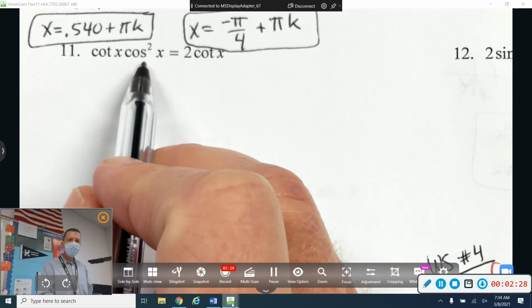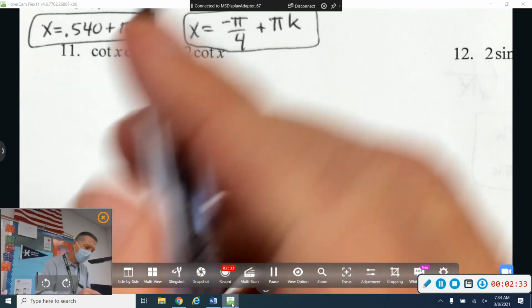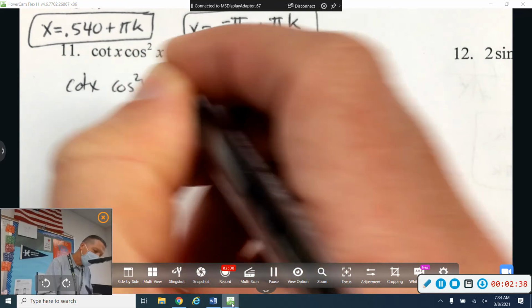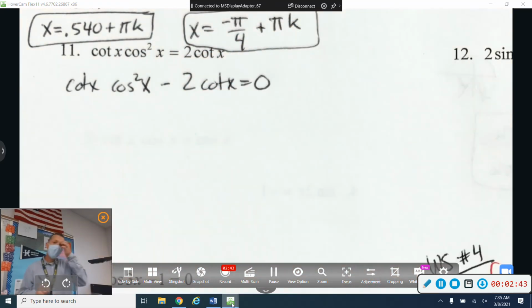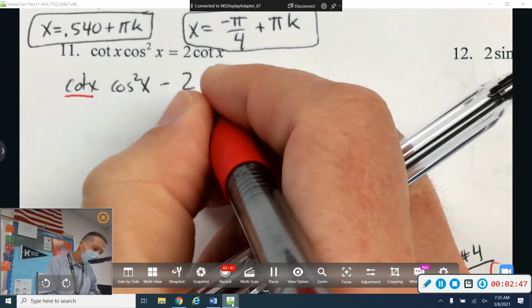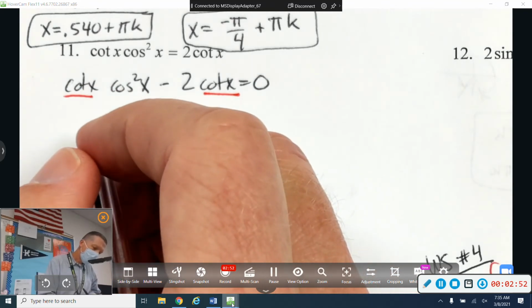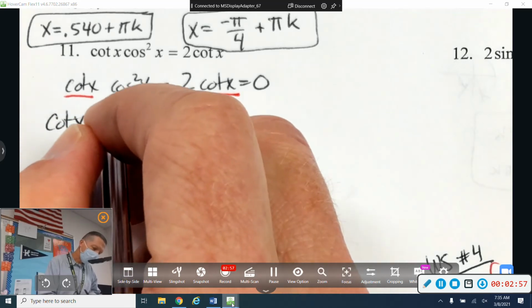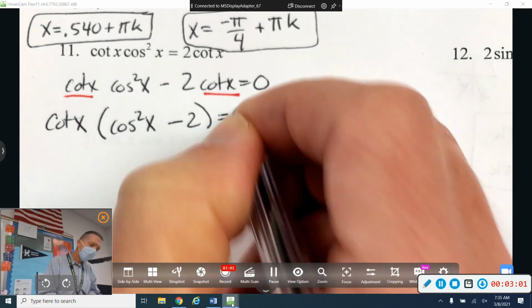Cotangent and cosine squared, don't really like that, but if I subtract the cotangent over, then I can factor out the cotangent, and it's not so much a problem anymore. Factor out cotangent of x. That leaves cosine squared x minus 2 equals 0.